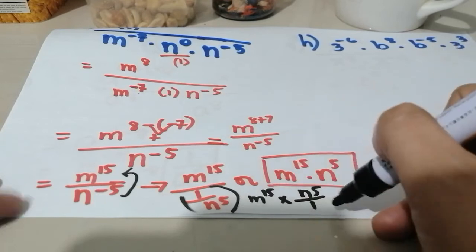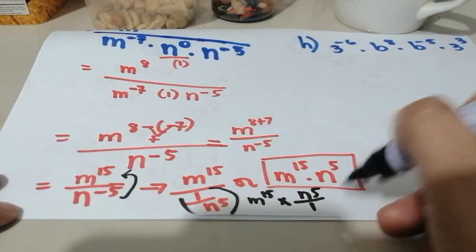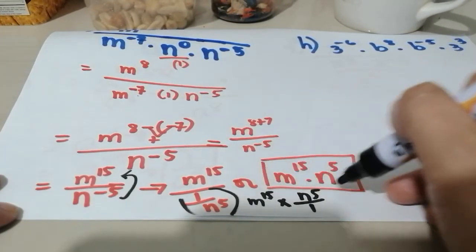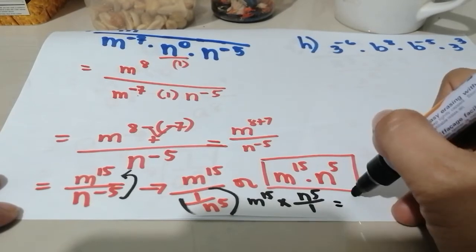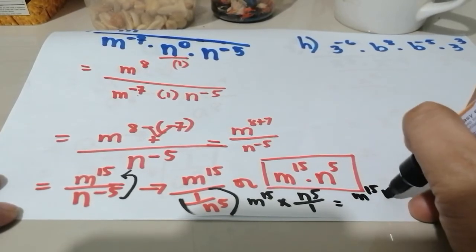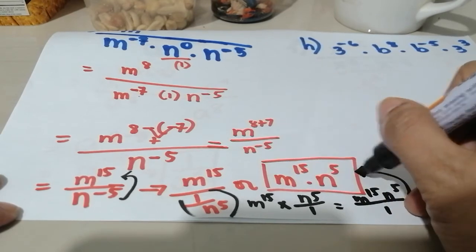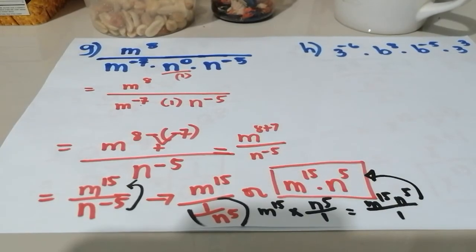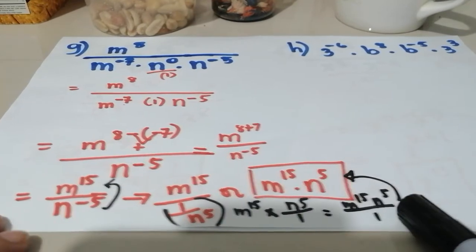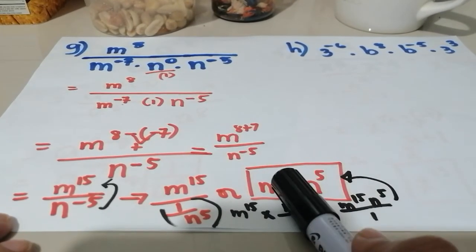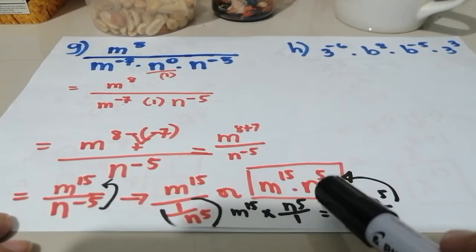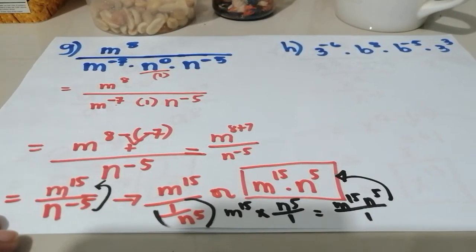Okay, so since the denominator is 1, we don't write them. Okay, that's why we got this answer. So, eto, that will be m raised to the 15th power n raised to the 5th power over 1, which is also equal to this answer. Okay, so that's how we arrive to m raised to the 15th power times n raised to the 5th power.